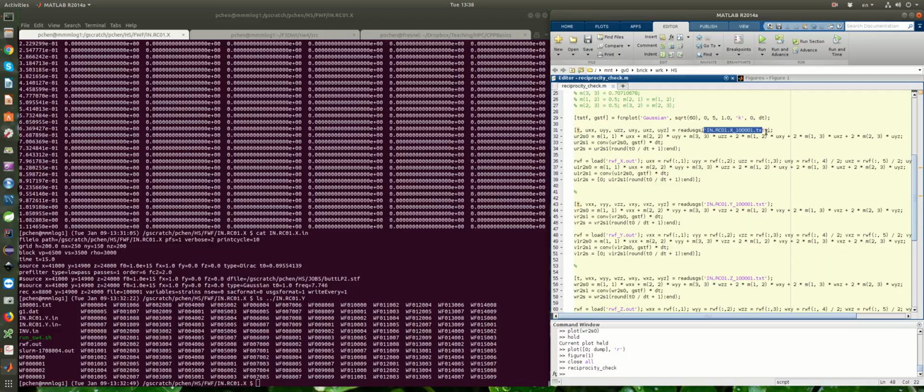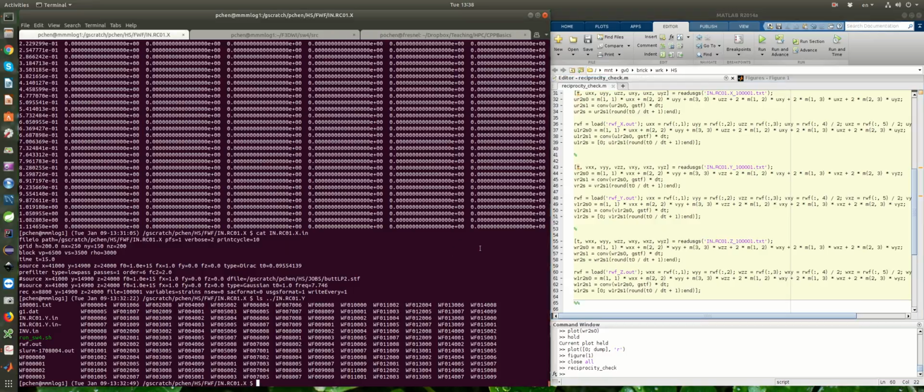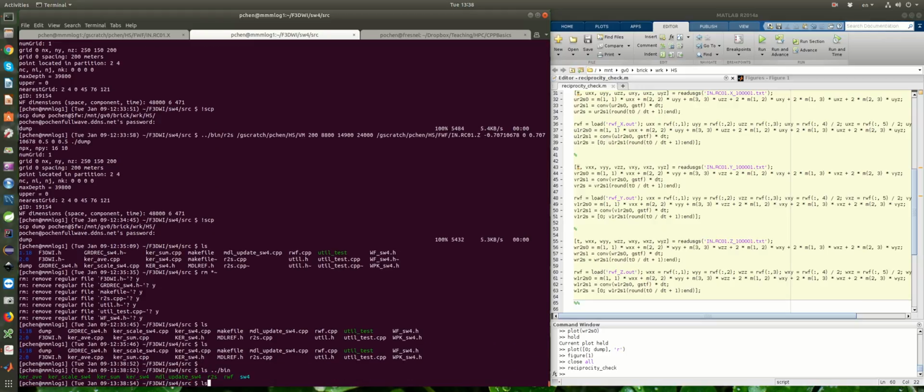Those outputs from SW4 are different from RWF_X out, RWF_Y out, and RWF_Z out, which were actually created using an RWF function. If I look into the bin directory, there's an RWF here. That's just for reading the strain fields from the receiver side, basically just reading wave fields.